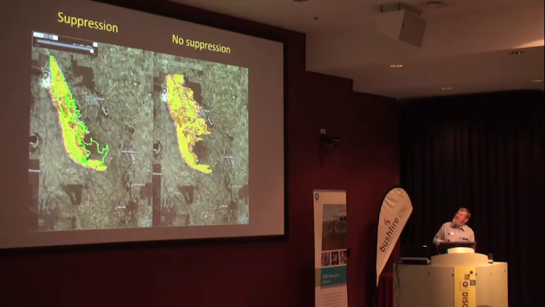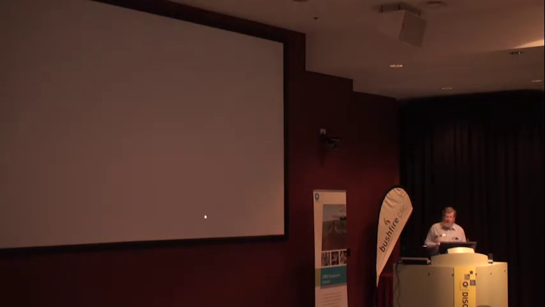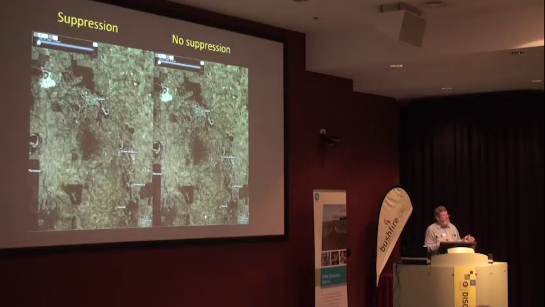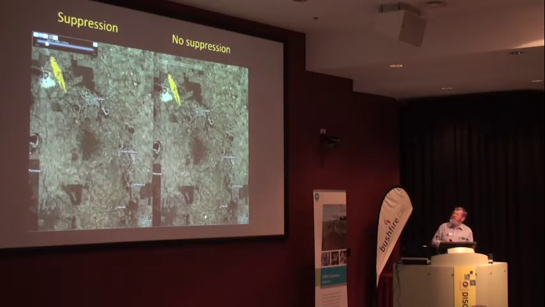And here's an example of where, if you model it, see if I can go back, if you model it without the suppression, you get a much larger area affected. But we know in an area like this there's going to be quite active suppression, so we're trying to capture that. And again, it's a dynamic process.